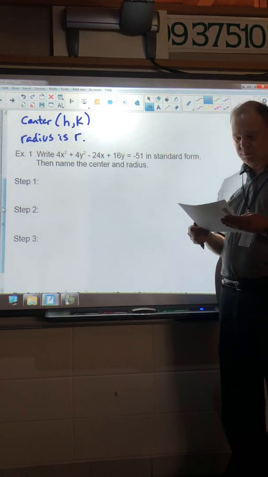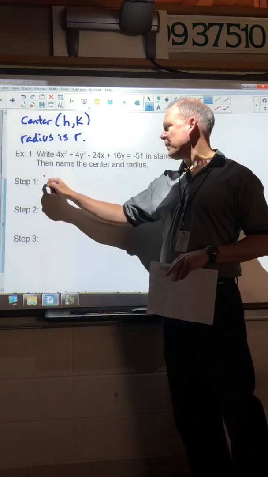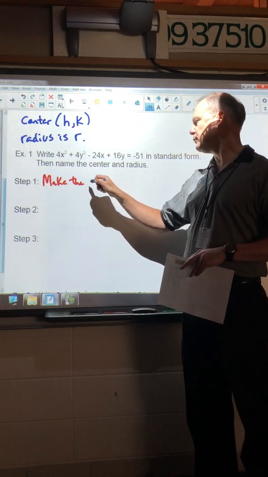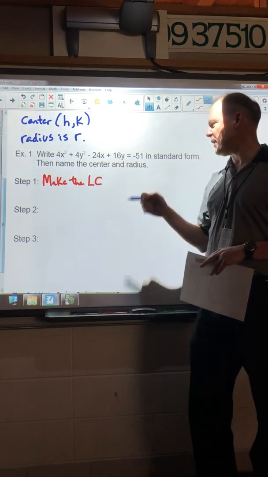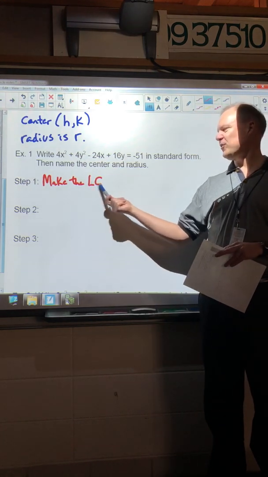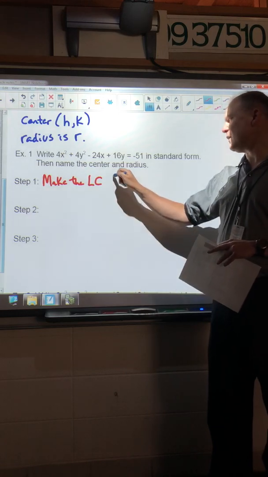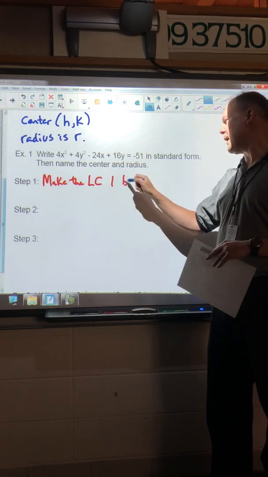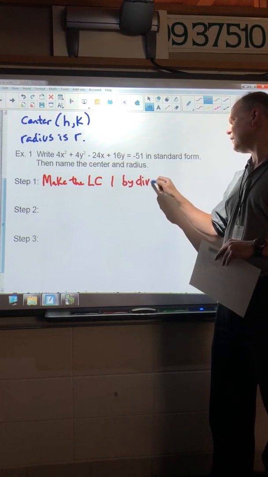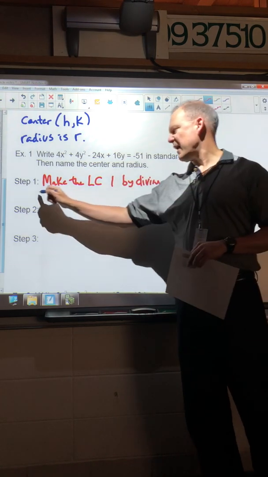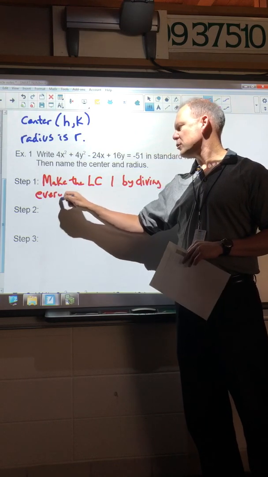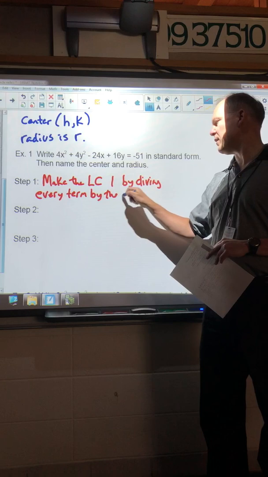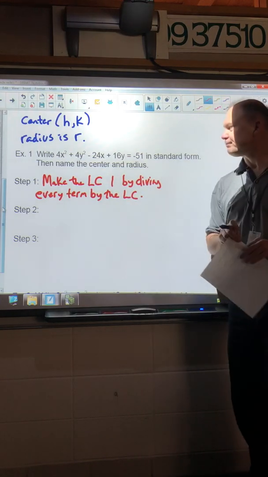Okay, so step one, make the leading coefficient 1. And I'm going to abbreviate leading coefficient LC. Make leading coefficient 1 by dividing every term by the leading coefficient.